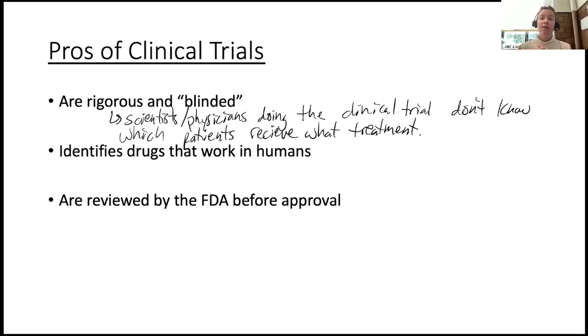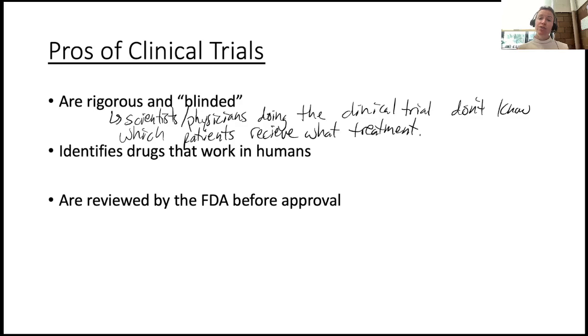We need these trials to be blinded, because if the scientist or if the physician knows what treatment a patient is given, they will likely act in a way that is biased. So maybe the patient that's receiving the real drug gets better care than the patient receiving not the drug in development.